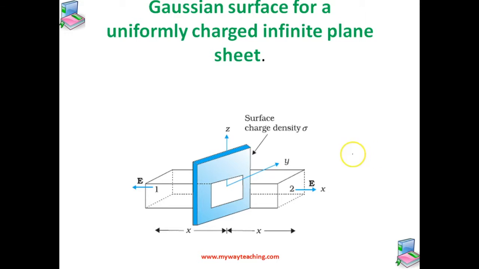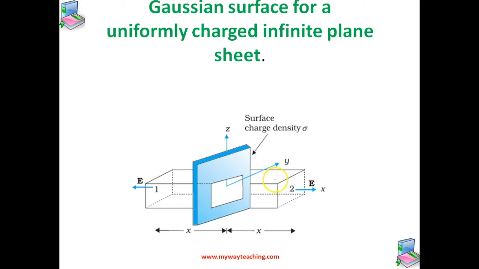As you can see in this figure, we take the x-axis normal to the given plane. By symmetry, the electric field will not depend on y and z coordinates. Its direction at every point must be parallel to the x-axis.